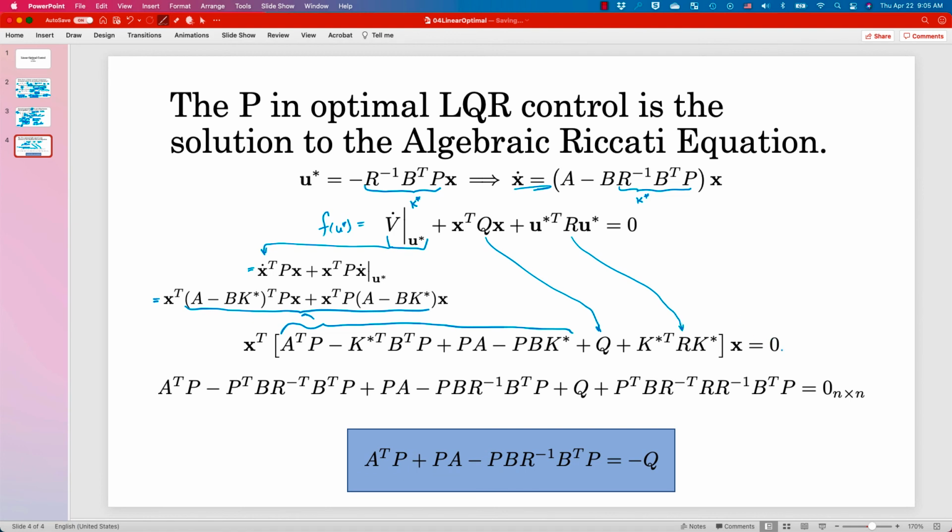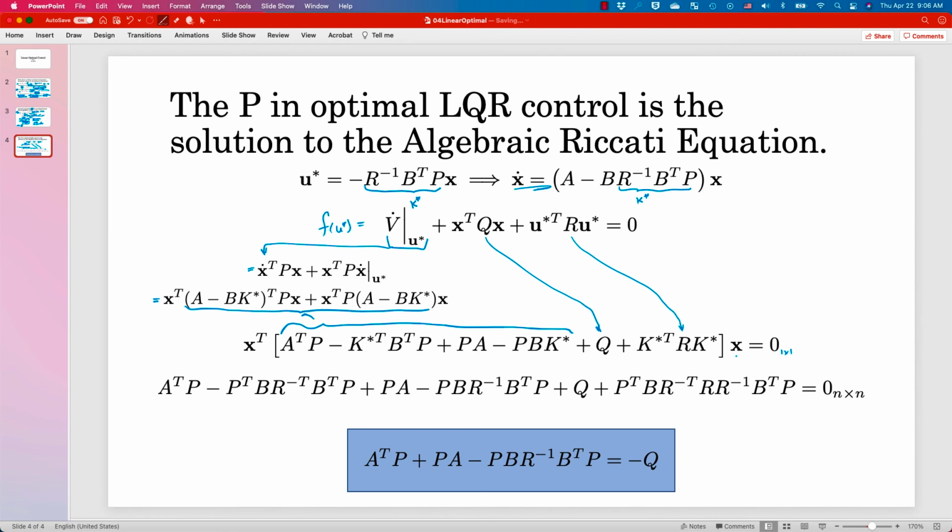Okay, so we know that this is a scalar valued function. It's a quadratic, right? It's x transpose on the left, x on the right, so it's a quadratic expression. And it's going to equal 0, which is a scalar 0. But we need this to be true over all time, which means we need it to be true over all states, which means the only way that this line can be true over all states is if the middle thing itself is 0.